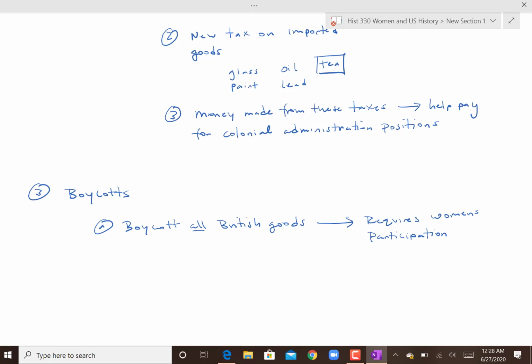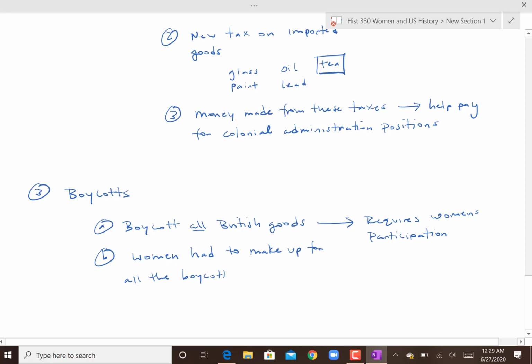The men could go ahead and say, we're going to boycott all British goods, but if the women said, yeah, no, I'm not, it wouldn't have worked, because the women were the ones that were going to have to make up for everything they were boycotting. And so what I mean, make up for all the boycotted goods is that they were going to have to make them themselves.